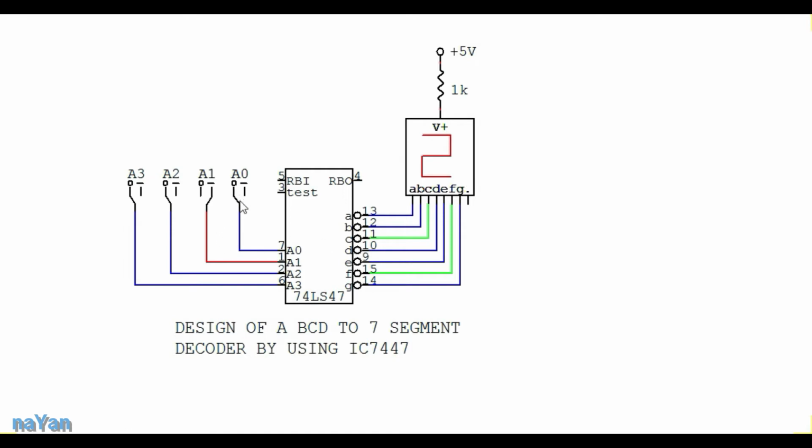In the same way, 0 0 1 1 forms 3, 0 1 0 0 forms 4, 0 1 0 1 forms 5, 0 1 1 0 forms 6, 0 1 1 1 forms 7, and here 1 triple 0, that is 1 0 0 0, forms 8.